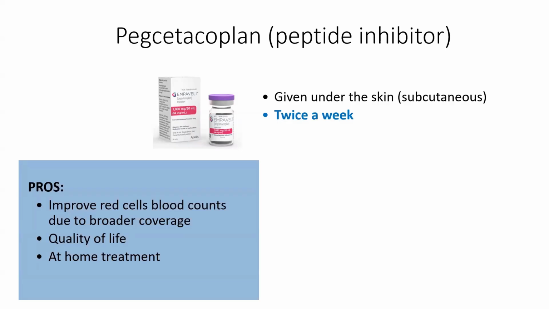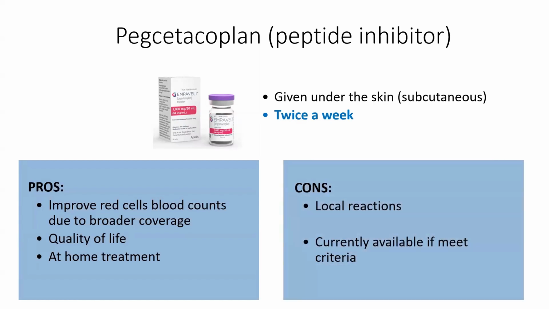It comes in a little refrigerated packet, and you can just take it anywhere. So again, with the new inventions, new developments, we're seeing improved quality of life. The con is you can get a local reaction with any kind of injections that you give locally in the tummy. You can get a little bit of redness, but that's very minor. We have not seen major issues or side effects with this treatment.